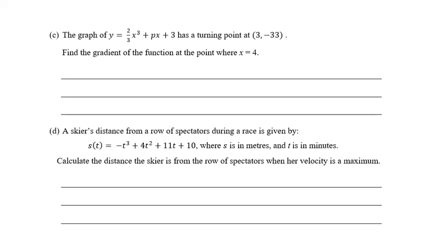The graph of that has a turning point at (3, -3). Find the gradient of the function. What am I asked to find eventually? Yeah, because it's asking me the gradient. So dy by dx is 2x squared plus p. Is that right? Okay.